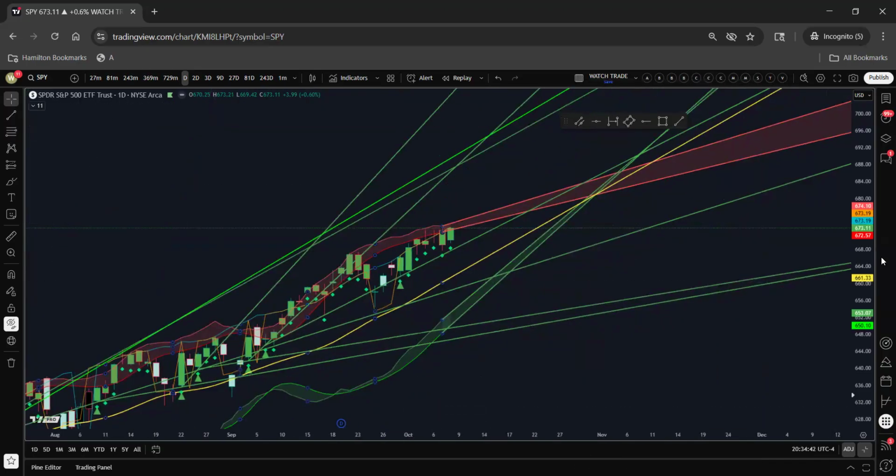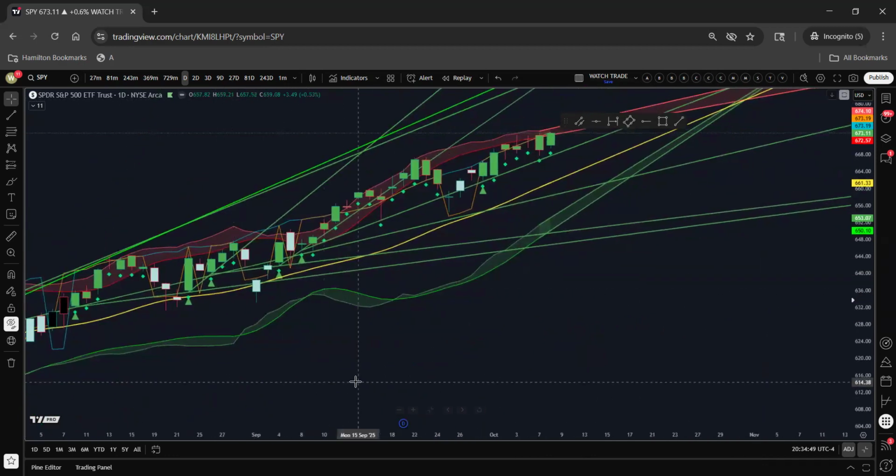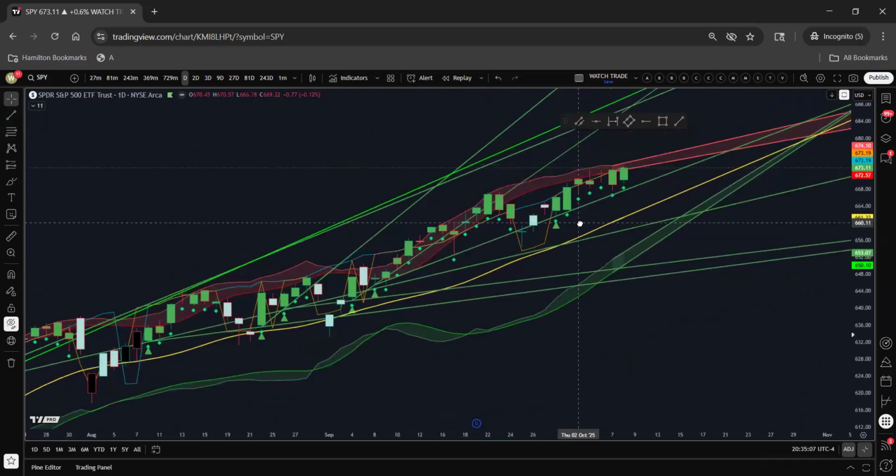So these are the debug lines in the background, these blue and orange lines. When the orange and blue are in sync, like right here, bulls are in control. And when they separate is when we have areas of choppiness.